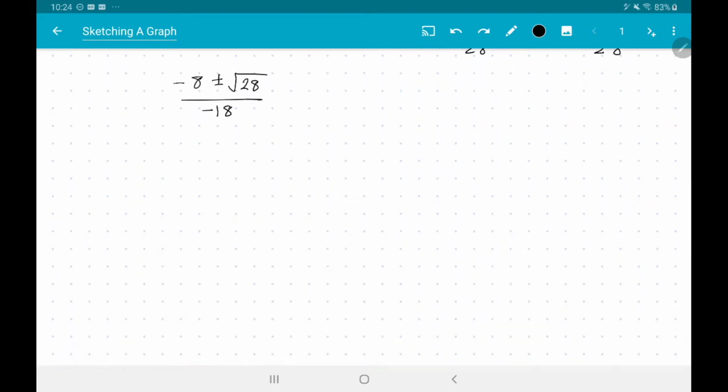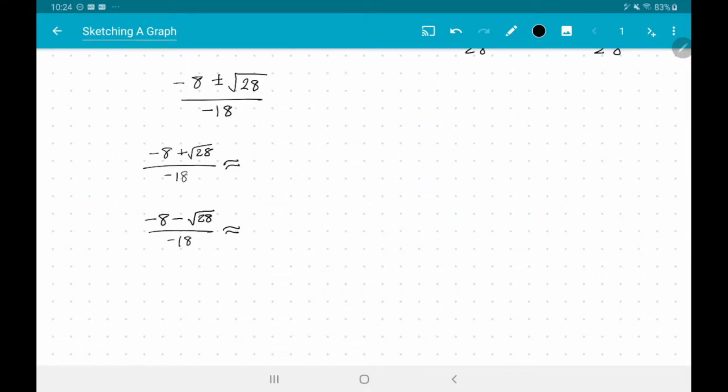We should get numerical approximations for these numbers. I'm going to write down the two numbers separately. So negative 8 plus square root of 28 over negative 18, and leave some room there, and negative 8 minus square root of 28 over negative 18, and leave some room there.